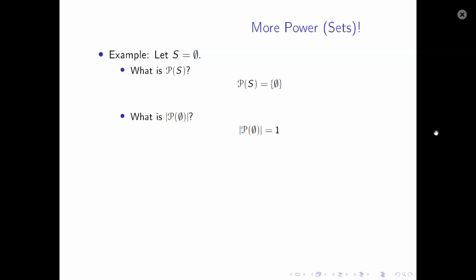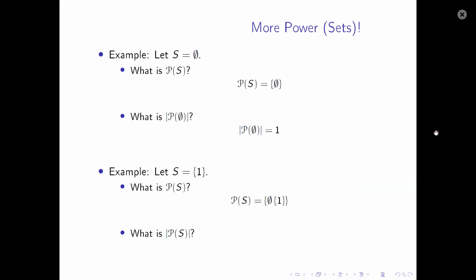So while the cardinality of the empty set is 0, the cardinality of its power set is 1. It's crazy. Okay, what about here? S equals {1}. What's the power set of {1}? Well, that's actually going to be the empty set and {1}, and thus the cardinality is 2. So we kind of see this trend going on, and we kind of play with it. What if I do {1, 2}?